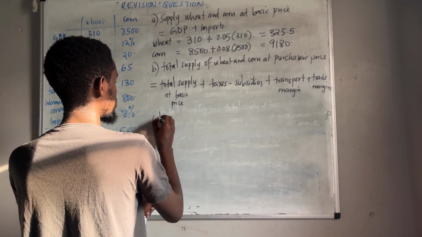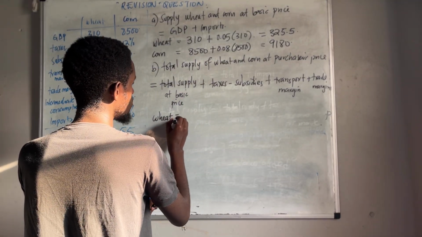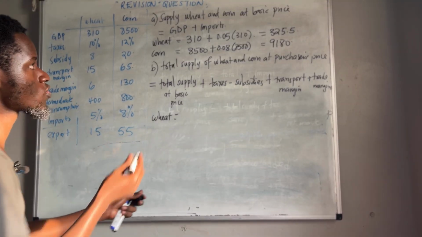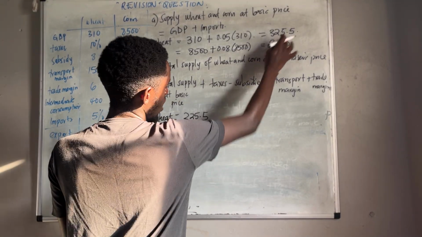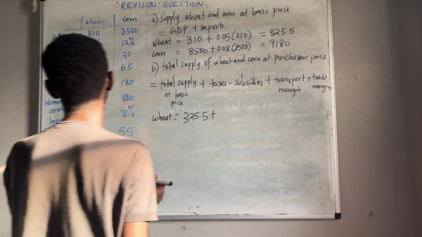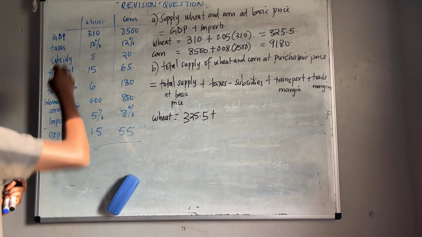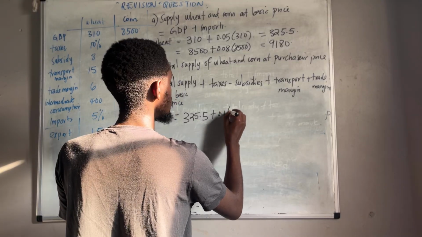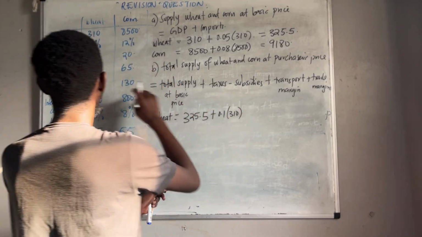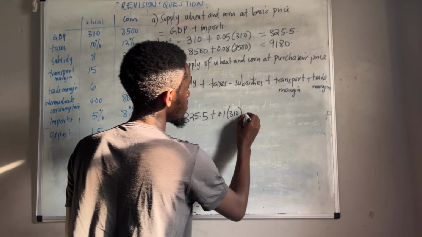Now for wheat, total supply for wheat is going to be 325.5 from the first question we have here, plus taxes. Taxes are 10% of this value, 0.1 times 310, minus subsidy. Subsidy for wheat is 8, minus 8.